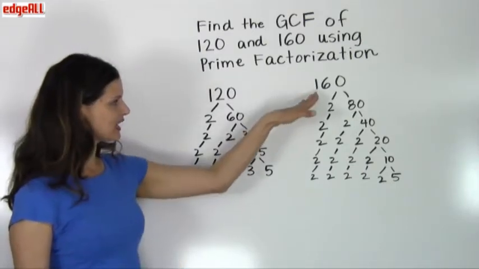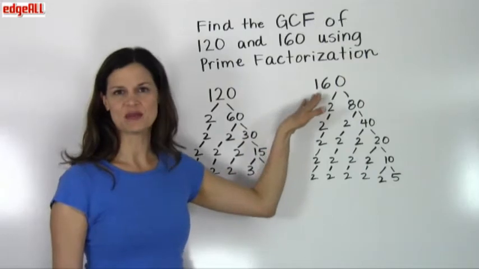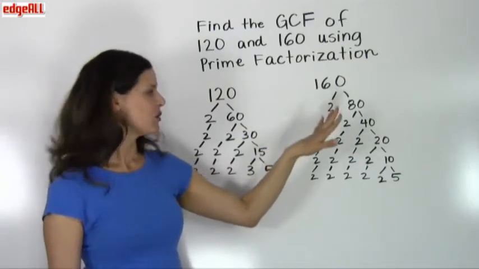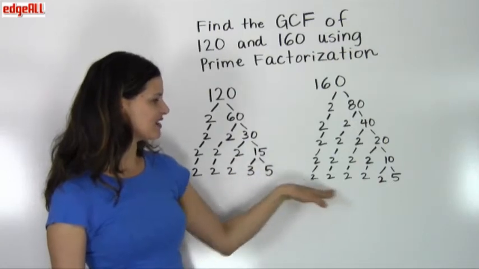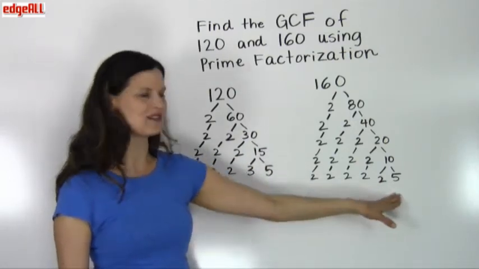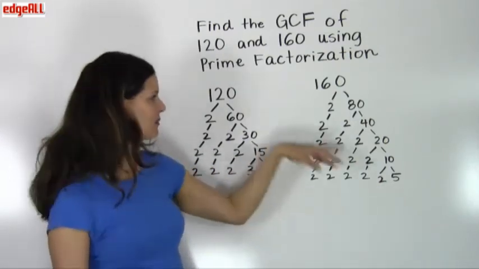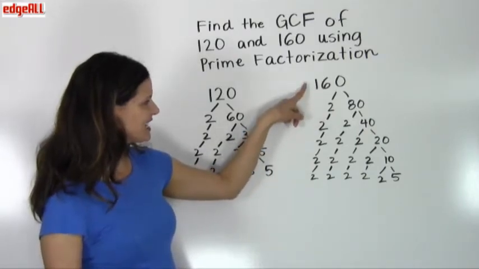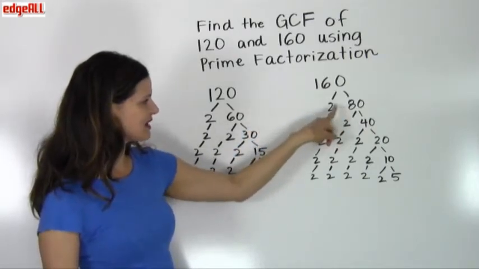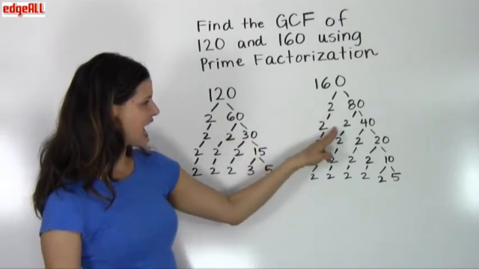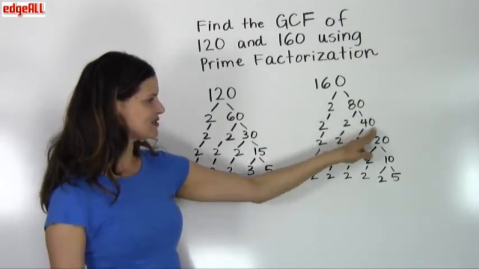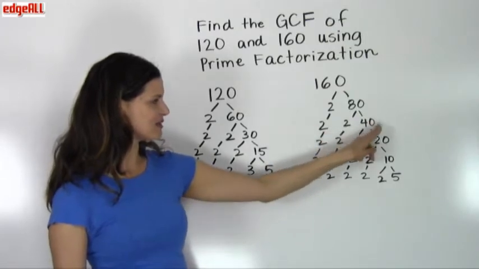Now then similarly, we've done the same thing here with the number 160. We've continued to divide out prime numbers until we got down to the last level where we have all prime numbers. So 160 divided by 2 equals 80, so we have 2 times 80 on this level. Our next level we have 2 times, and then 80 is 2 times 40, so 2 times 2 times 40.